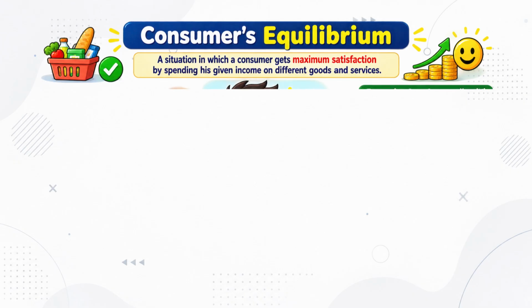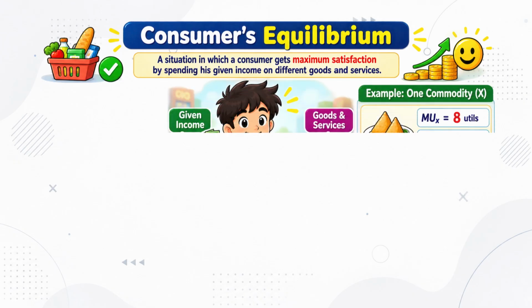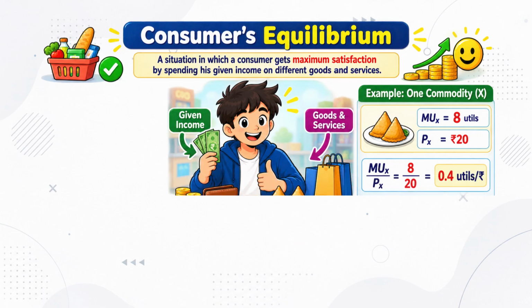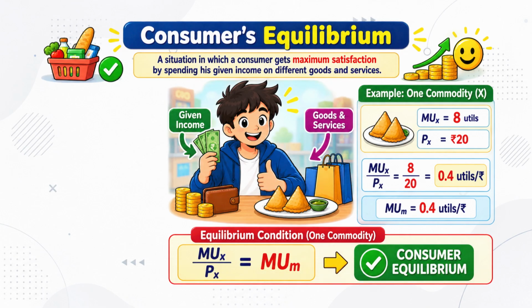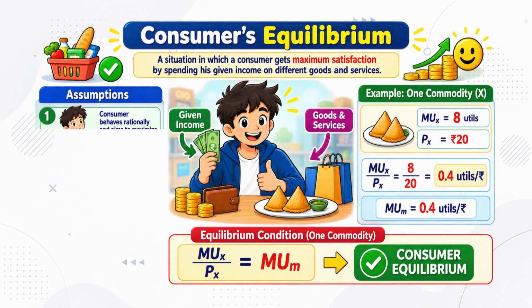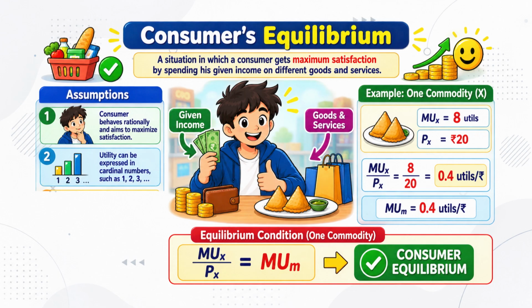Consumer's equilibrium refers to a situation in which a consumer gets maximum satisfaction by spending his given income on different goods and services. Let us look at the assumptions of consumer's equilibrium. 1. The consumer behaves rationally and aims to maximize satisfaction. 2. Utility can be expressed in cardinal numbers, such as 1, 2, 3, and so on. 3.